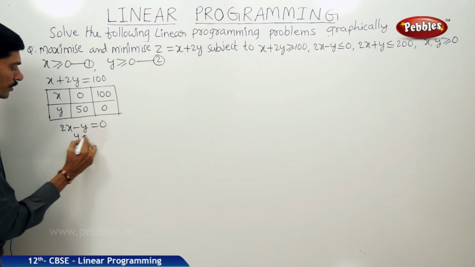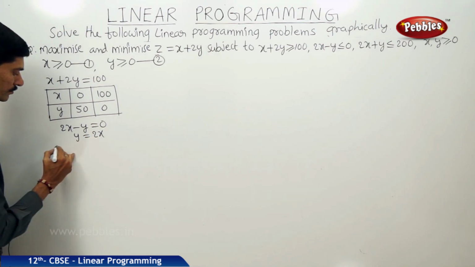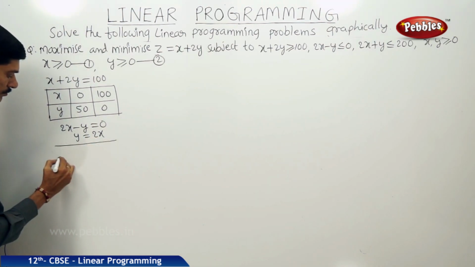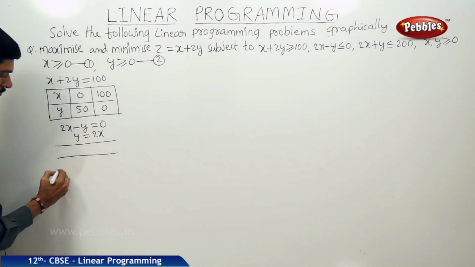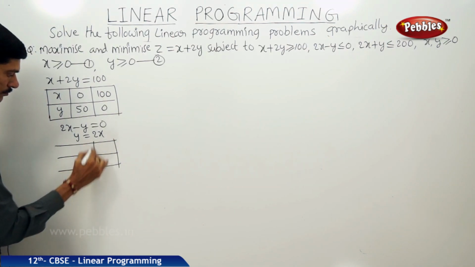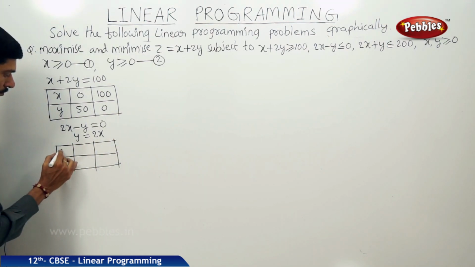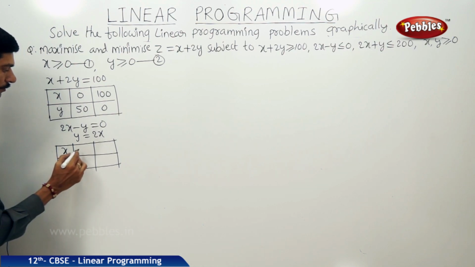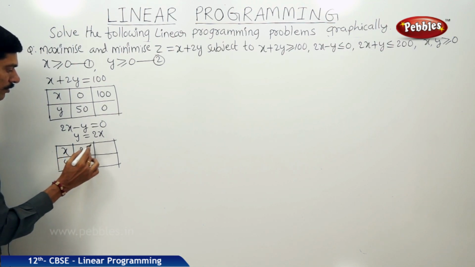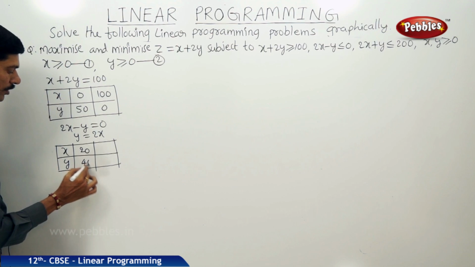So then we get y equal to 2x. X, y. If x value is 20, then y value is 40.